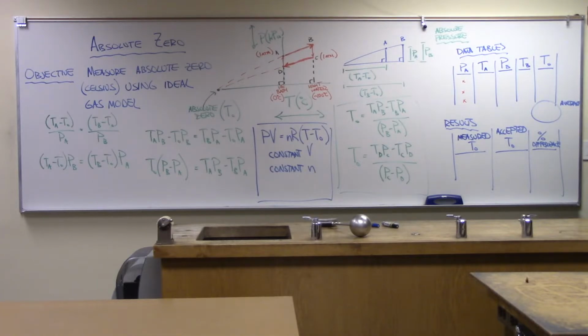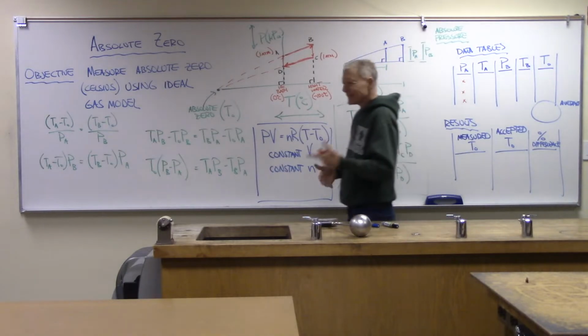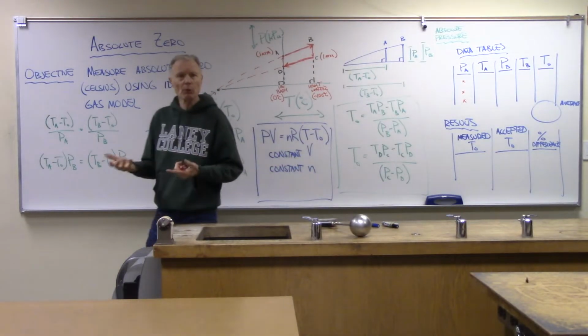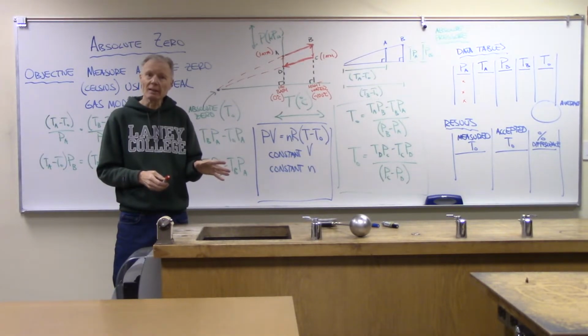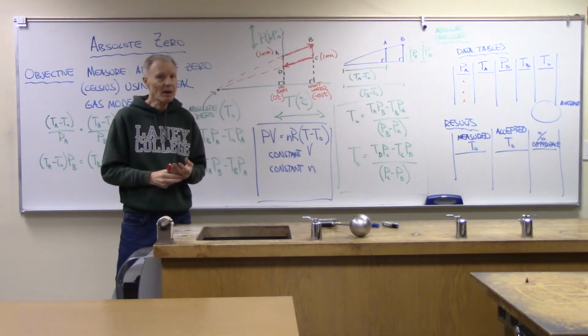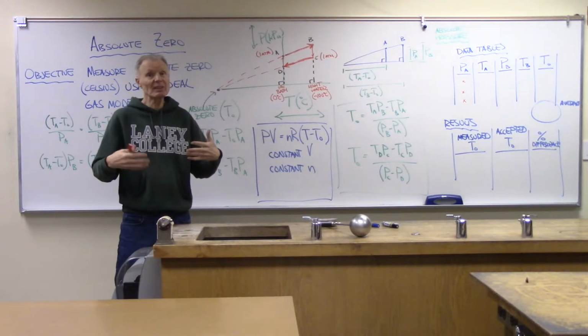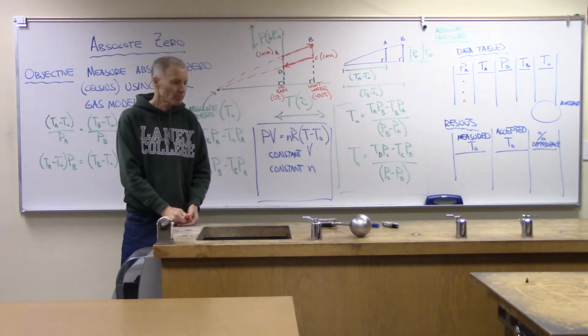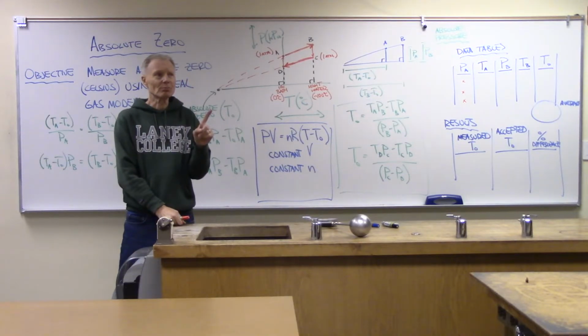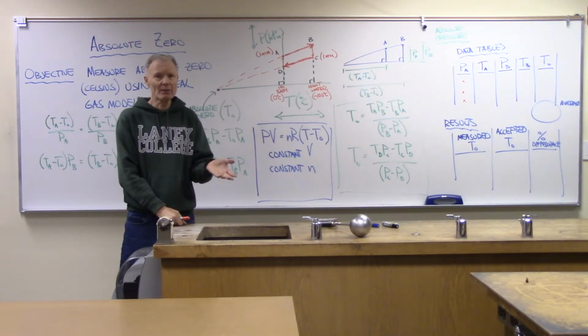We want to do several runs. If we do it once, we're really not sure how reproducible the results are. If we do it twice, we start to get an idea. By the time we've done it 3 times, we are really starting to get a feel. If you've taken some statistics classes, you know that doing a measurement once really doesn't tell you much about the uncertainties in your numbers.